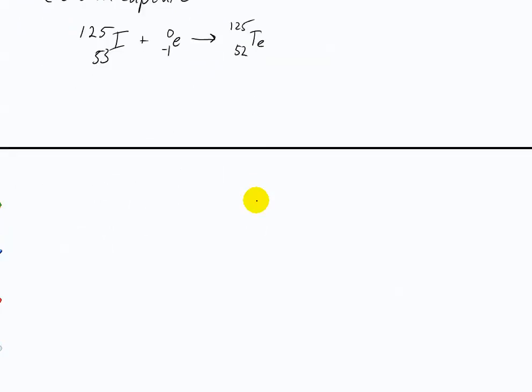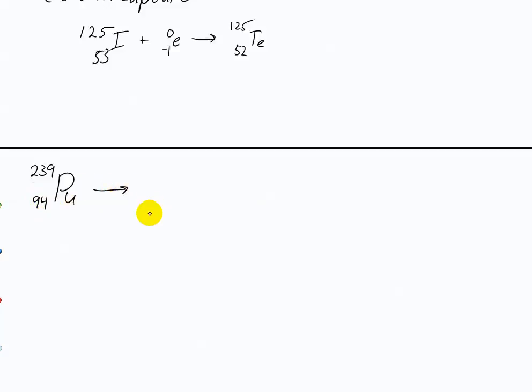First one, plutonium-239 decays by alpha decay. Now, putting the number on the lower left is actually redundant because the number corresponds to the element. If it's Pu, we know it's got to be 94. It can be helpful to put that down there, but sometimes you won't see that.